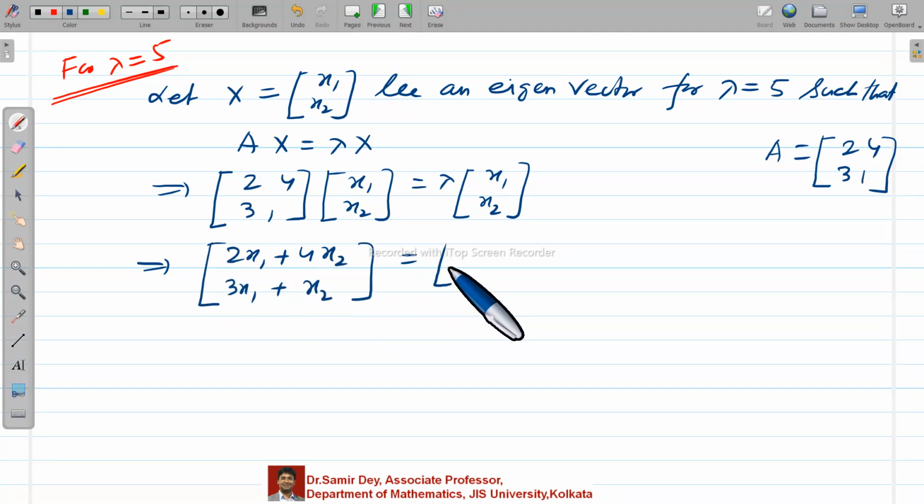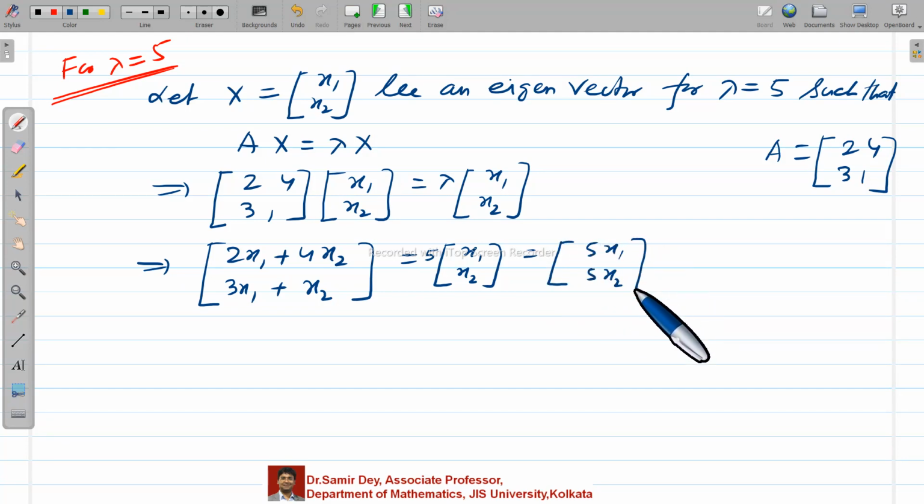And here, what is your lambda? Lambda is equal to 5. So you need to write 5x1 and 5x2. Clear? So basically it is coming 5x1, 5x2.